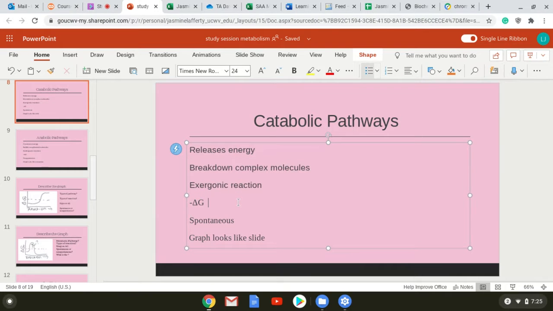Look at the slope of the graph. And you're not going to have to calculate rise over run or anything. But if you can just look at that slope and be like, okay, it's negative, it's decreasing, then you have a negative delta G. If the slope is increasing, then you have a positive delta G. Does that make more sense?